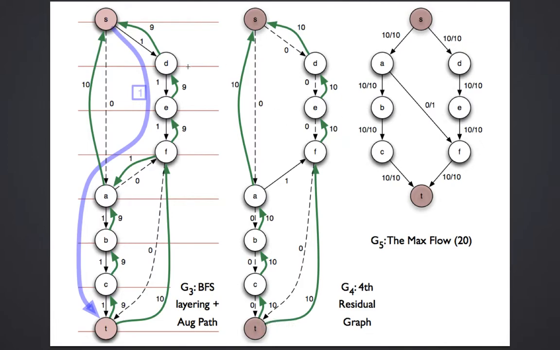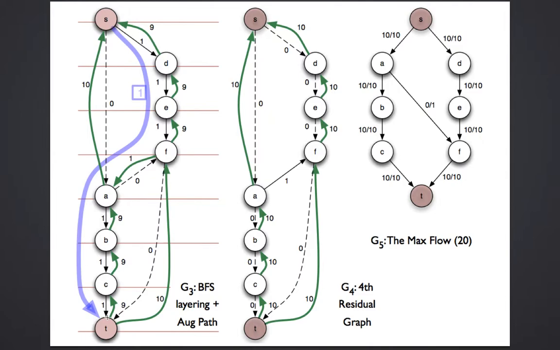Next, the shortest path is this path, and the minimum flow value is 1. So we push a flow value of 1 along this path, and we will have the reverse edges.